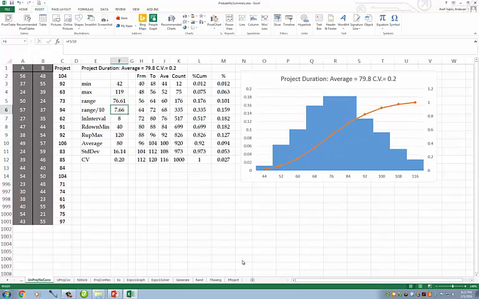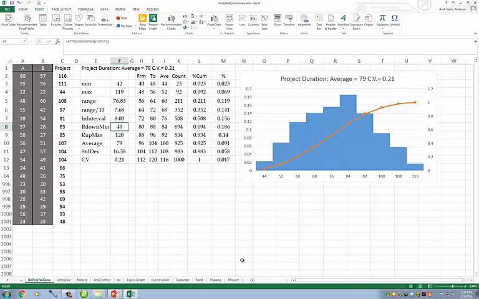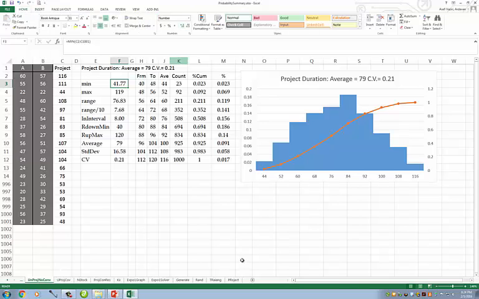Let's see. Here we assume that we need around 10 or 11 categories, but I have another lecture on histograms. That video is more explanatory regarding how to create a histogram. Frankly, 7.66 is not an appropriate width. Round it to 8, the width of each category. Then the minimum is 42, and it also has some decimal points.